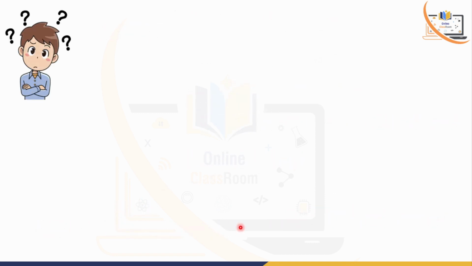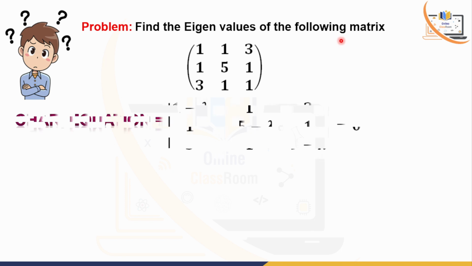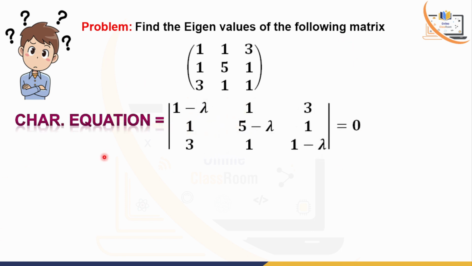Now we are going to discuss one problem. If you focus on this matrix, basically it is a 3 by 3 system, right? A 3 cross 3 matrix, 3 rows, 3 columns, and we need to find the eigenvalues of the system. We will consider the characteristic equation first.